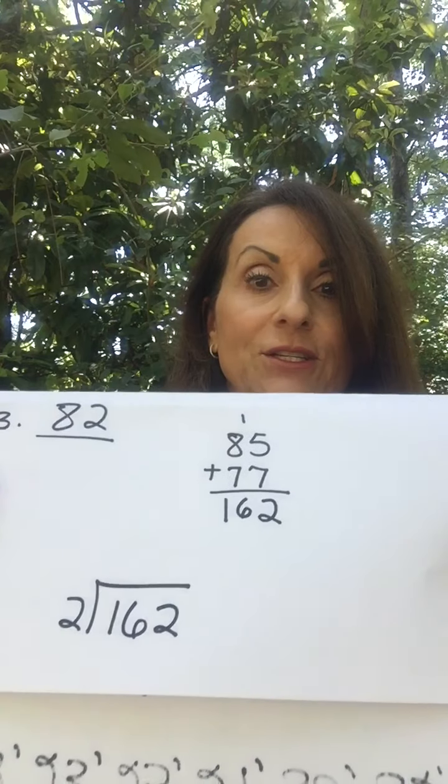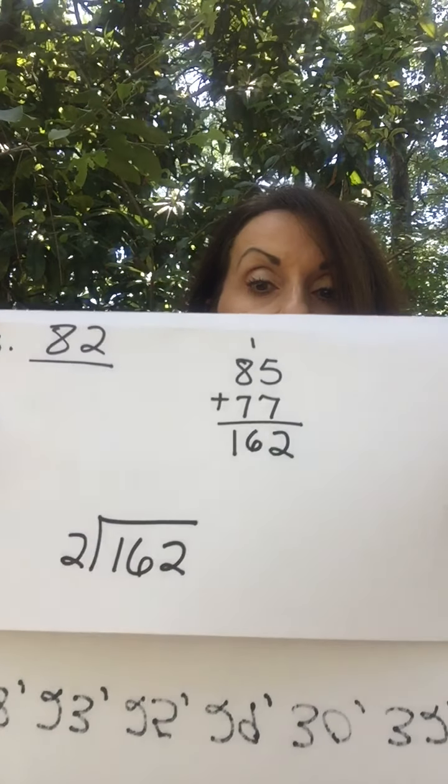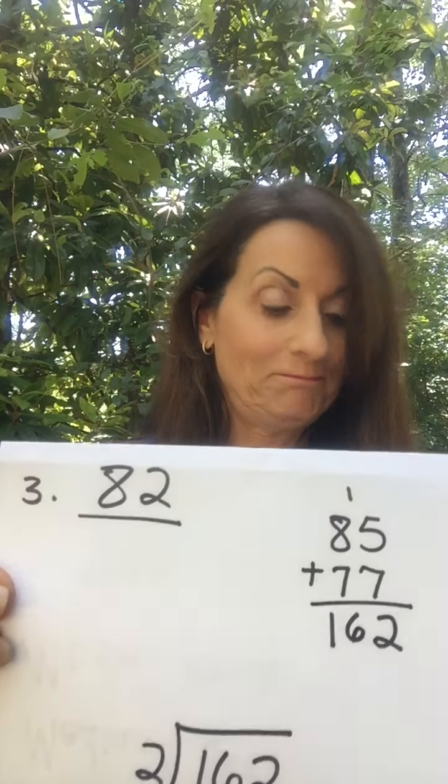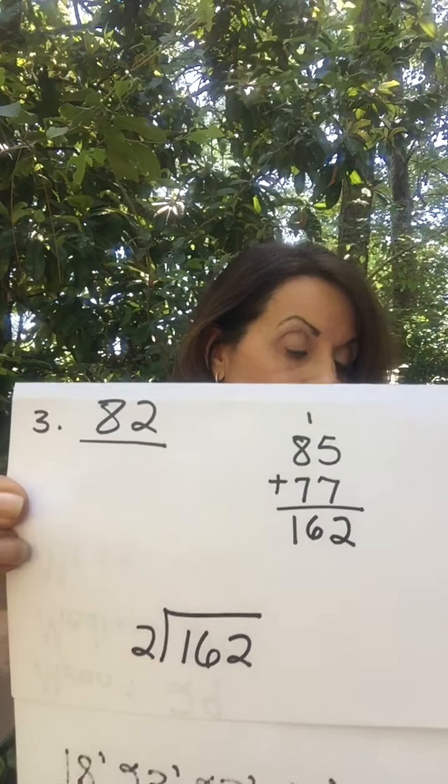Okay? 85 and 77 equals 162. 2 goes into 162 82 times. So the median for that set of data is 82. Don't forget, you have to list your numbers from least to greatest. If you forget to do that, you're not going to get the right answer.